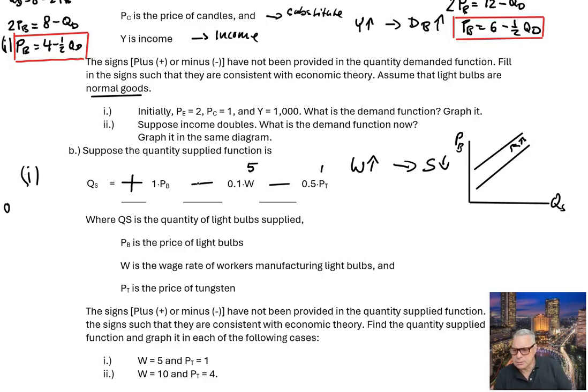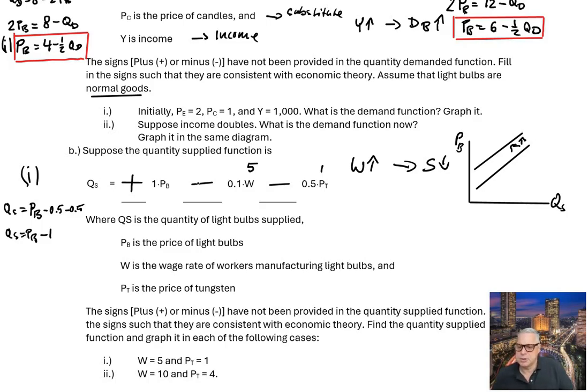Then our supply function is PB, I just forget about that 1, PB minus 0.5 minus, because 5 times 0.1 is 0.5, and then minus 0.5 times 1, that's another minus 0.5. So that supply function becomes QS equals PB minus 1.